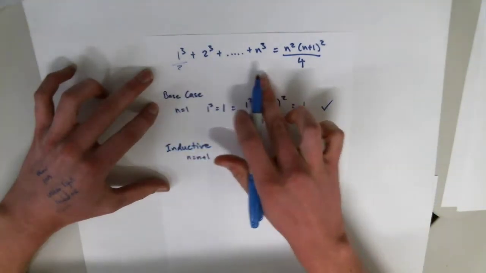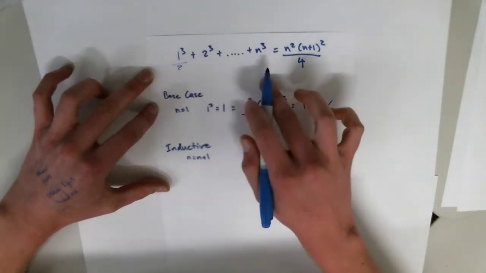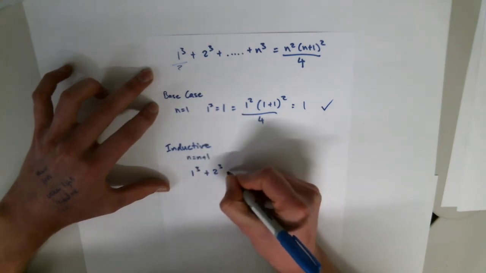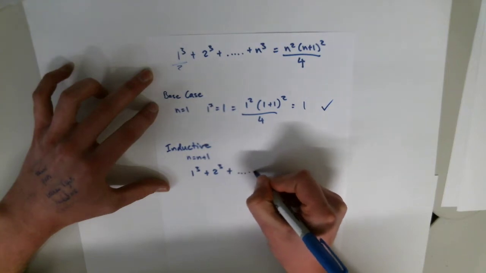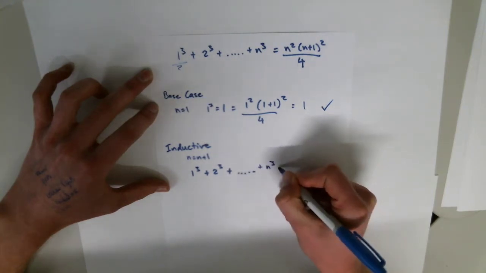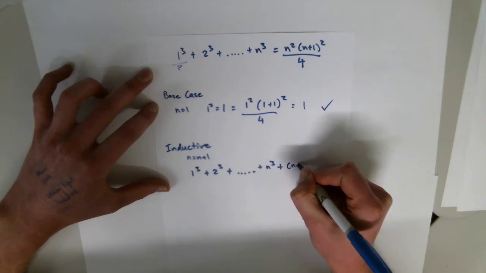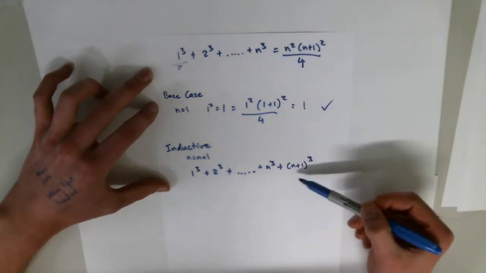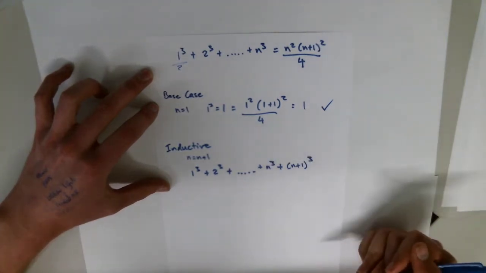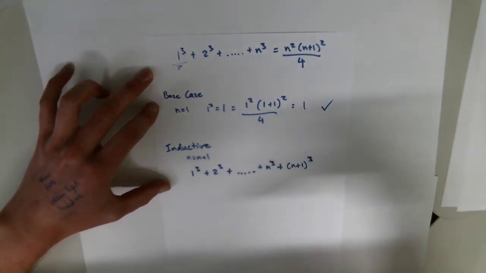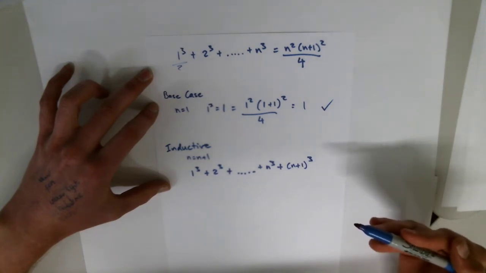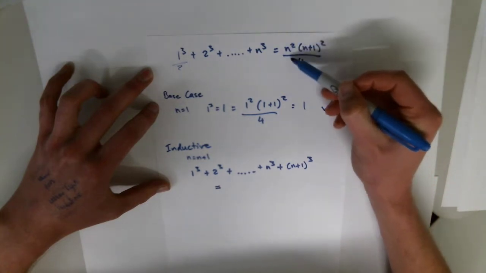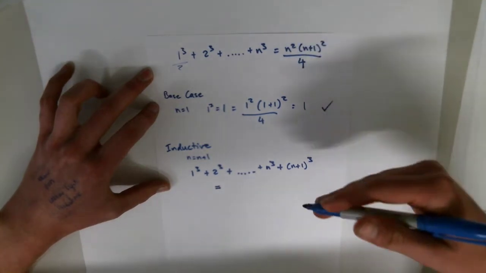Let's say we want the next step of this one up here. We would write it out, if we were going to do the whole terms, like this: 1 cubed plus 2 cubed plus dot dot dot plus n cubed as we have above, plus (n plus 1) cubed. So it's just this plus an (n plus 1) cubed term, continuing the pattern. What we need to do to show this inductive proof is show that this equals this up here when we substitute n for n plus 1.